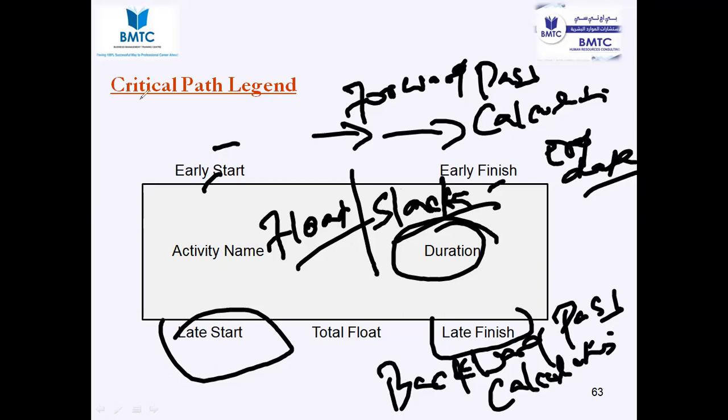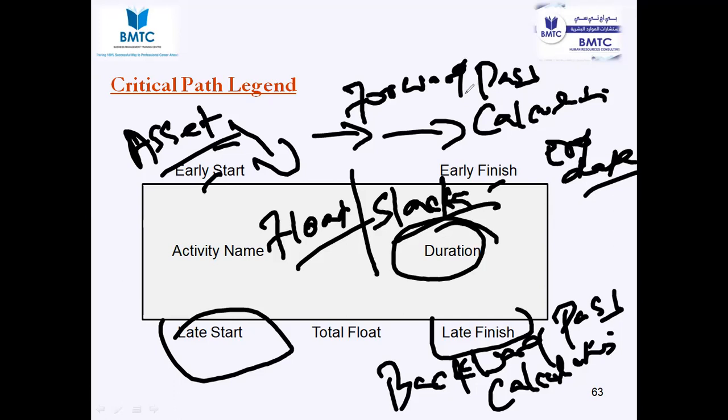Believe me, float is your asset. Don't try to misuse your floats. If you're entering into a fixed price contract, the client will give you the design. The client will give you the network diagram, so the client is going to find out the float.